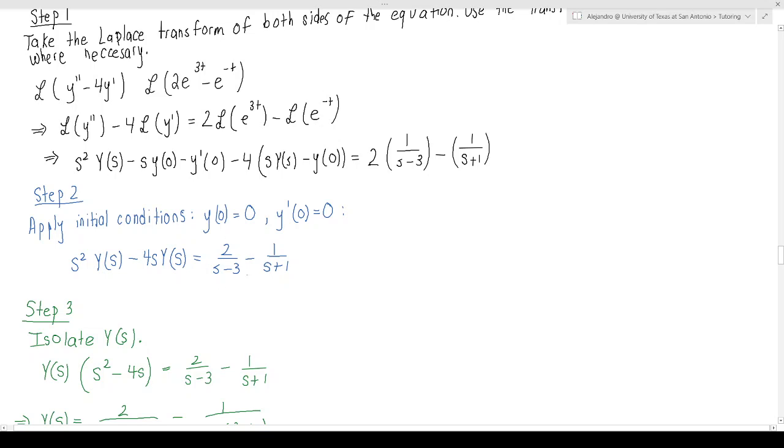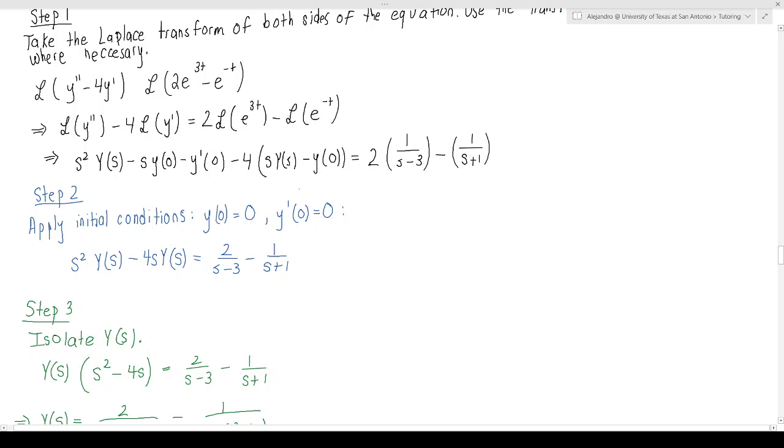Okay, so the second step is we're going to use the initial conditions, y of 0 is equal to 0 and y prime of 0 is equal to 0. Remember that these show up in the equation, we'll circle these here: y of 0, y prime of 0, and y of 0.